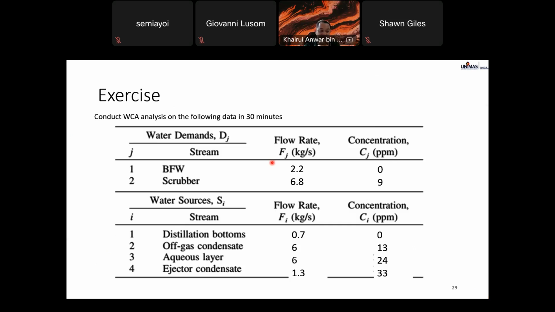When you do this, the second method is how to use the water cascade table to identify the pinch.